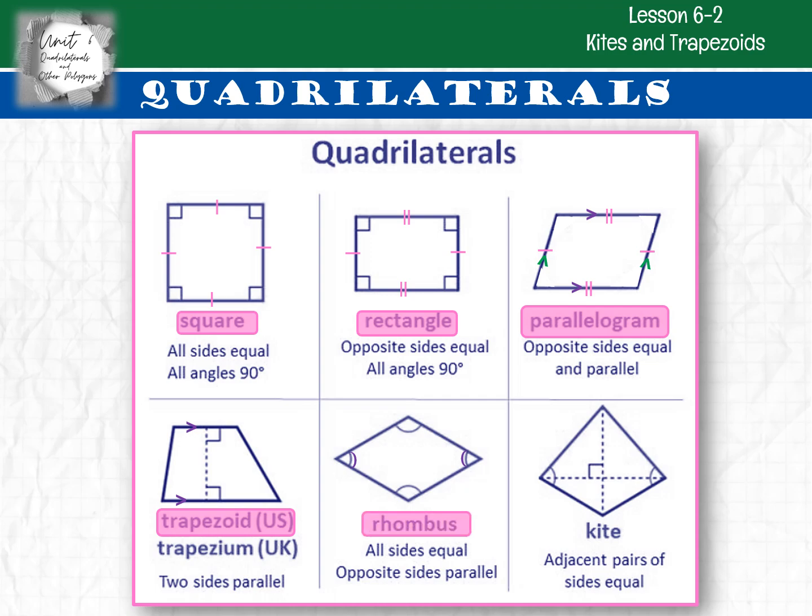A rhombus, all sides are equal to each other. Opposite sides are parallel because it's a parallelogram. Opposite angles are going to be congruent because it's a parallelogram. Let's go to kite. Let's see, adjacent pairs of sides are equal.